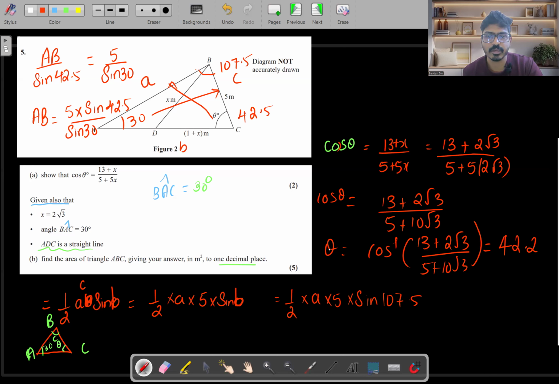So that is going to be our value of AB, which is 6.75. So the value of A is 6.75.